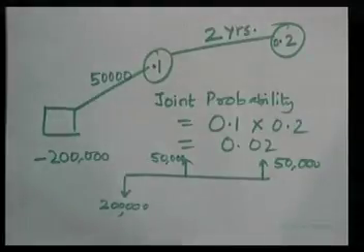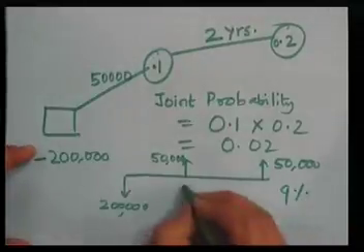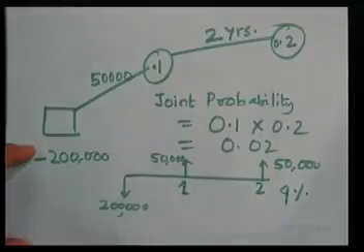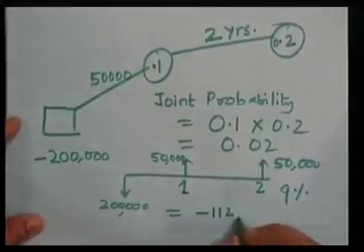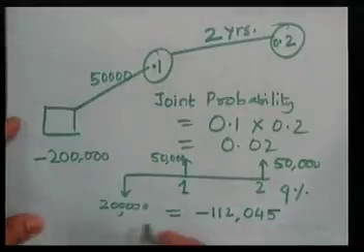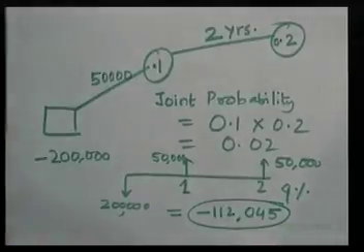So, if you try to calculate this at an interest rate of 9%, you will get a value of minus 112,045. This is nothing but the net present worth of path 1. Likewise, I am going to calculate the net present worth of each of my 12 paths.